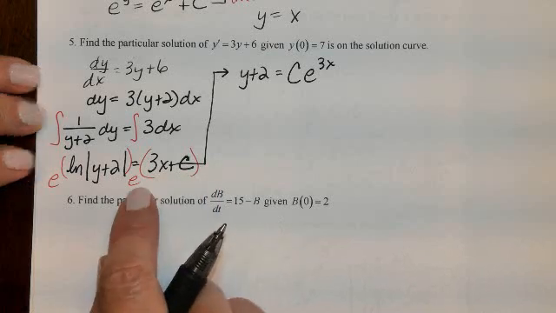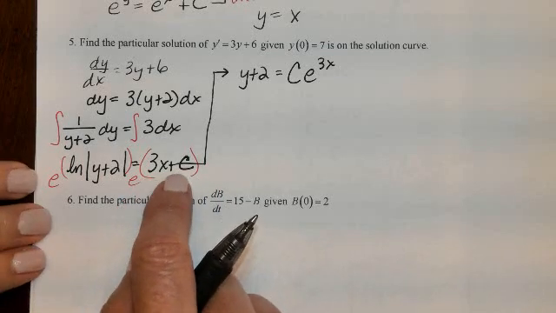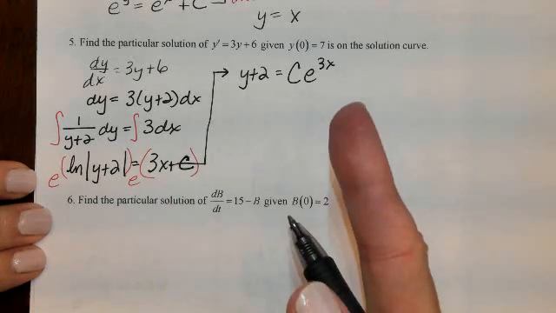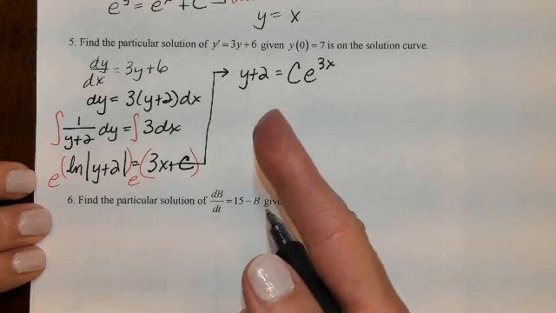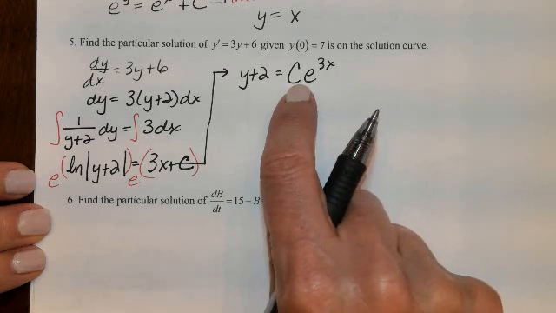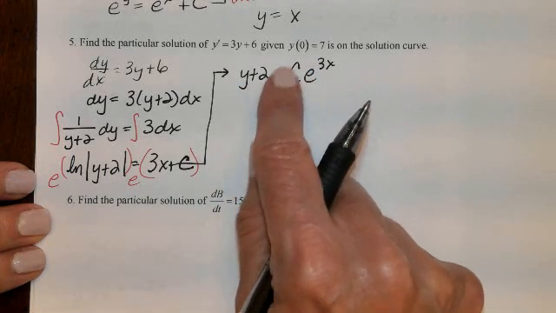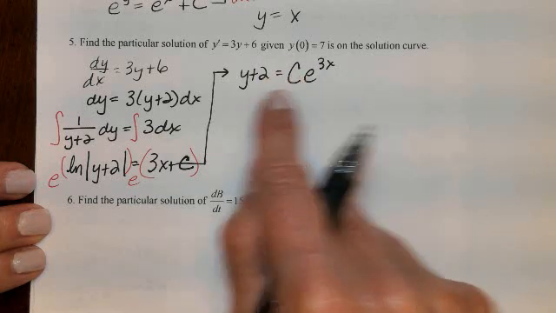And you can go back and refresh yourself on why that's true, but that's true because of one of the properties of exponents and the fact that e to the c is just another constant. And remember, we can lose the absolute values because whatever the value of c is, that will take care of the sign of our answer.